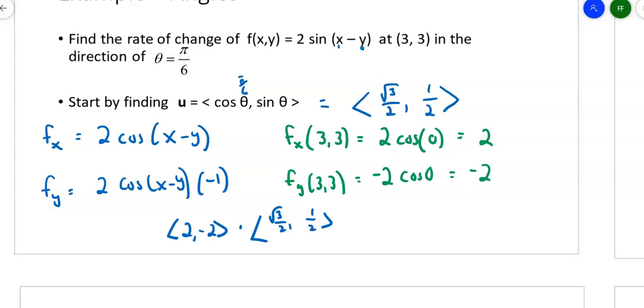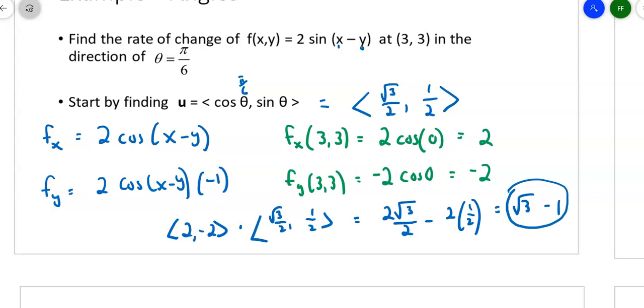Okay, so 2 times square root of 3 over 2 minus 2 times 1/2 gives me square root of 3 minus 1. Done. That's my slope. All right, so that's the rate of change of that function defined in terms of x and y at the ordered pair 3, 3 in the direction of theta equals pi over 6. And the first thing I did to achieve that was I turned it into a unit vector.